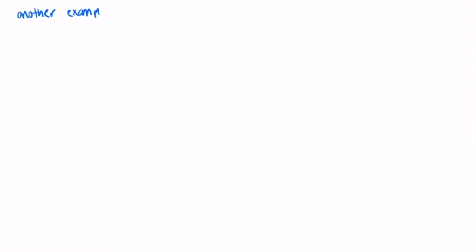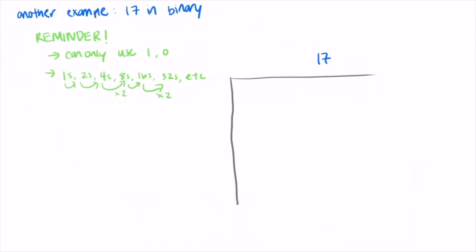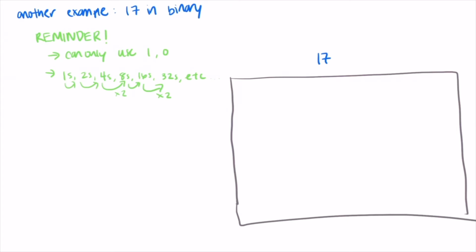Let's do another example. For this example, I will be writing the number 17 in binary. As a reminder, I can only use 1s and 0s, and my number places are going to be 1s, 2s, 4s, 8s, 16s, etc. The number 17 is made up of bigger numbers, so I'm going to count all the way up to 16.